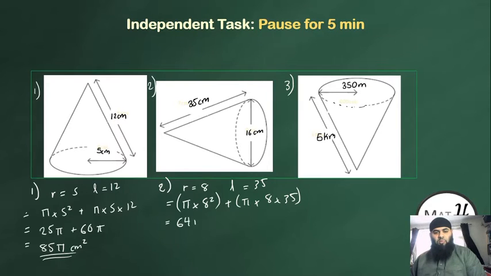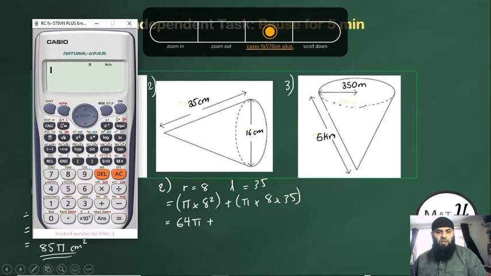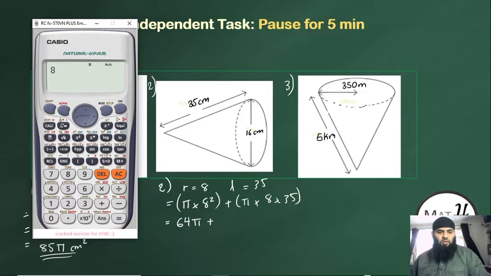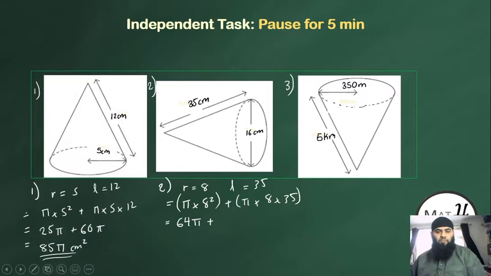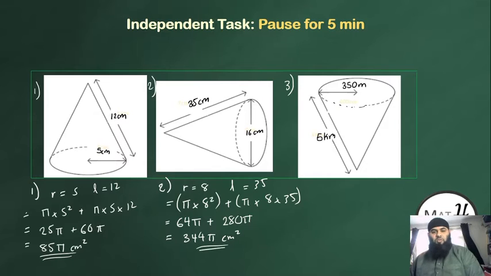So 64 pi plus, on our calculator, 8 times 35, pi. Altogether that should give us 345 pi centimeters squared. That's our answer for question number 2. If we've gone 2 decimal points, it should be fine, but just for giving in terms of pi.